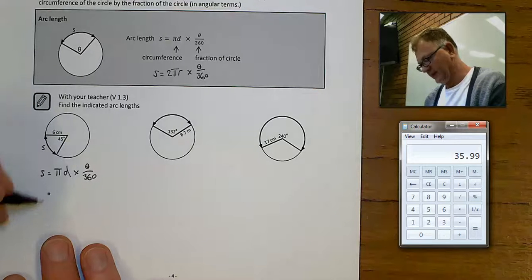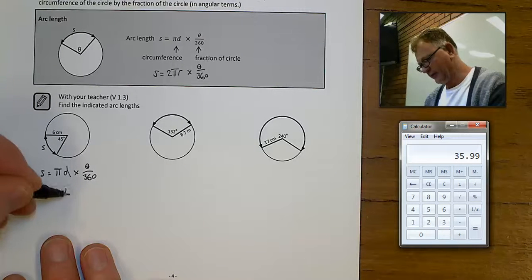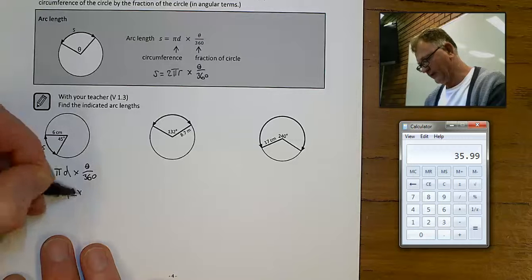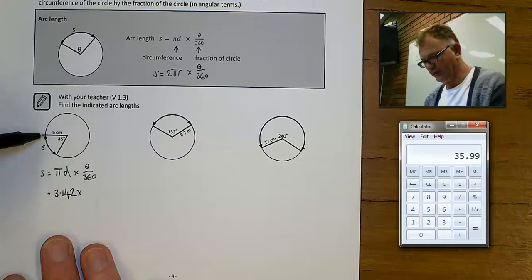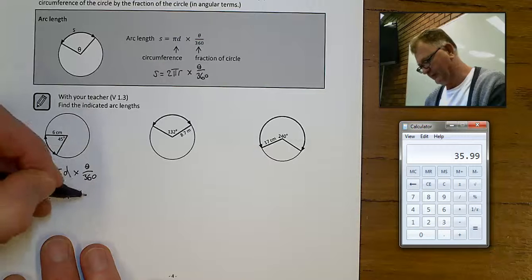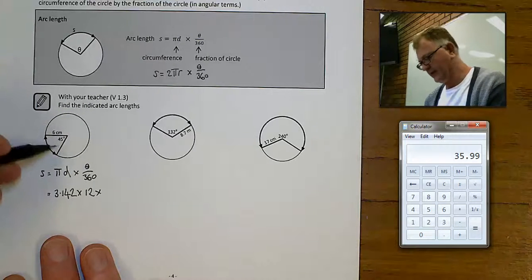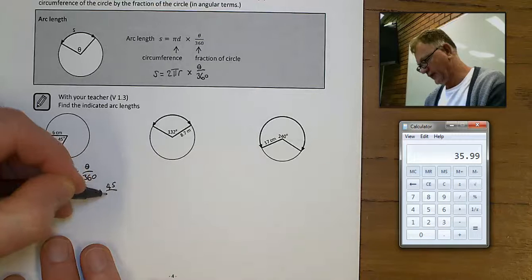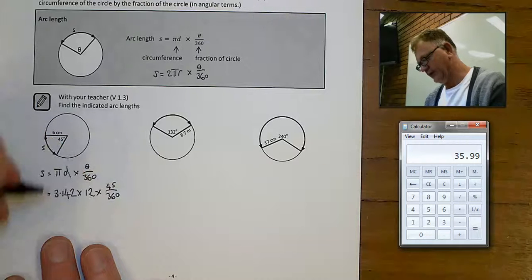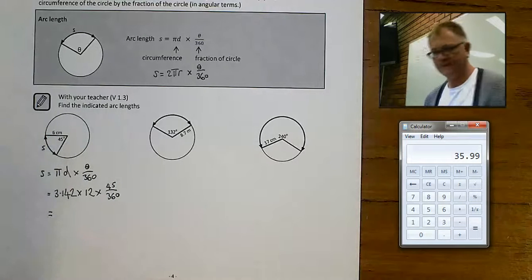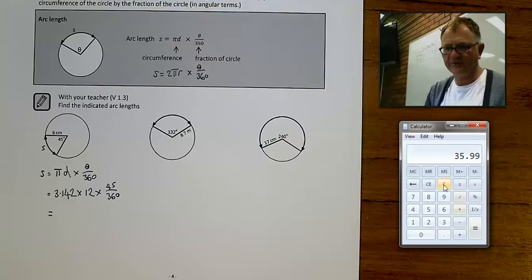So it's going to be pi 3.142 times the diameter of this circle, the distance all the way across it. Now the radius is 6, the diameter would be 12, times that angle there, theta, 45 out of 360 degrees in a circle. And you can work it out on your calculator.